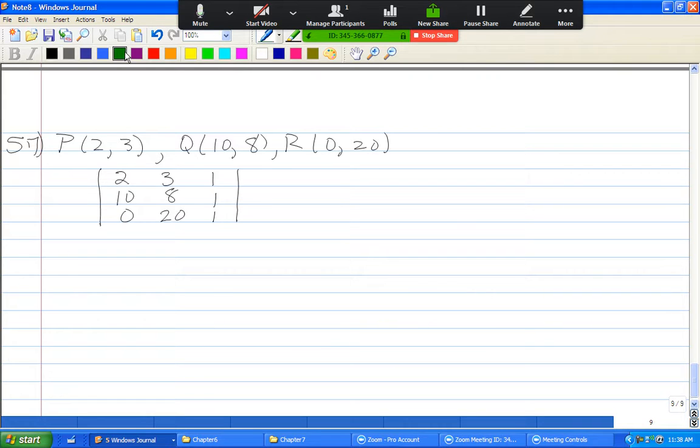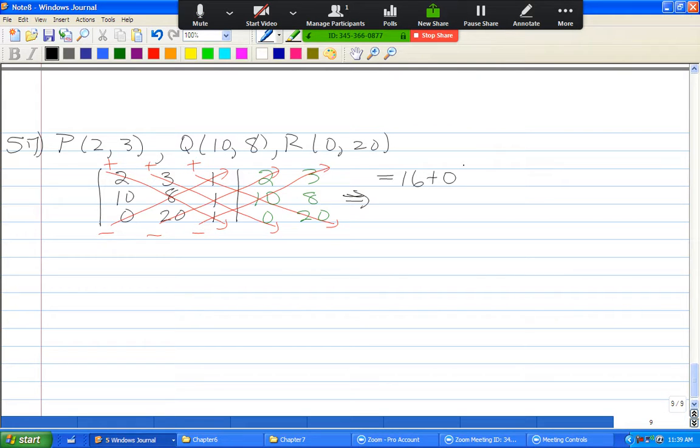And again, I'll just use that trick where we rewrite the first 2 columns, multiply, multiply, and so this is equal to 16 plus 0 plus 200 minus 0 minus 40 minus 30.